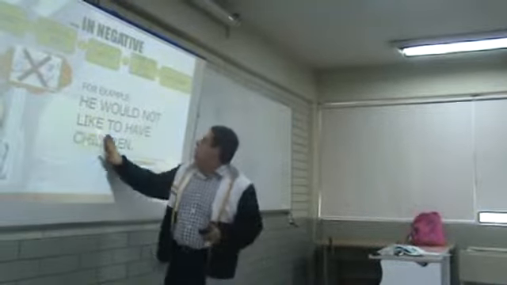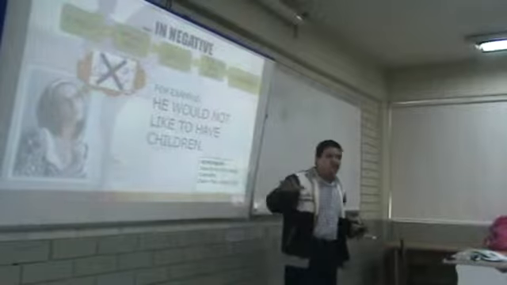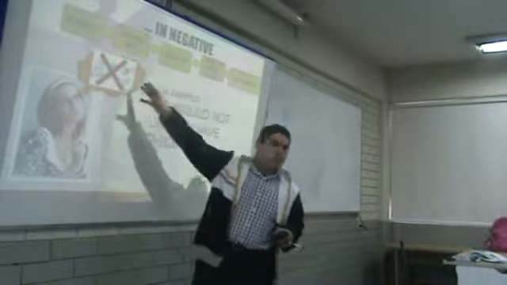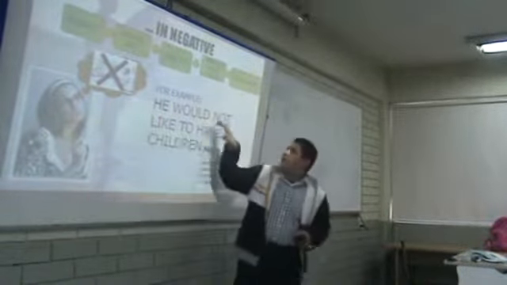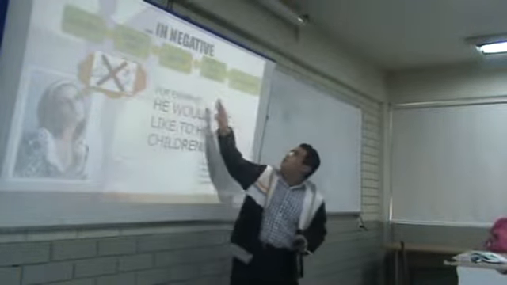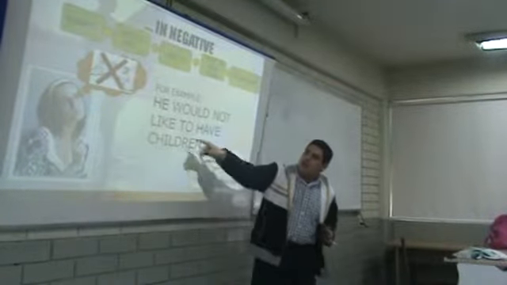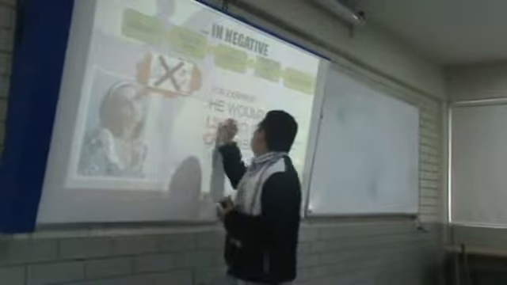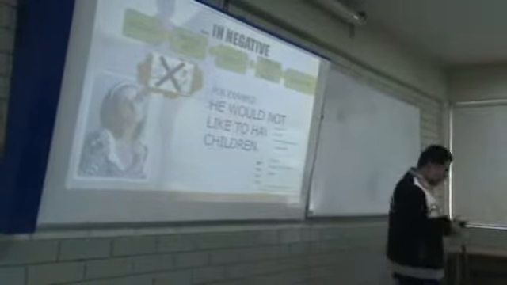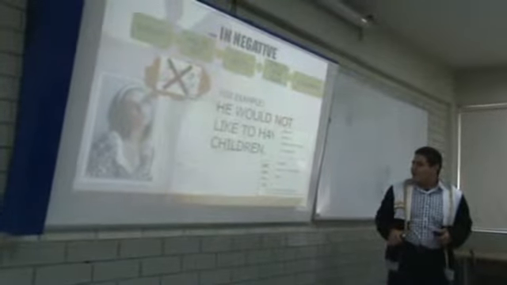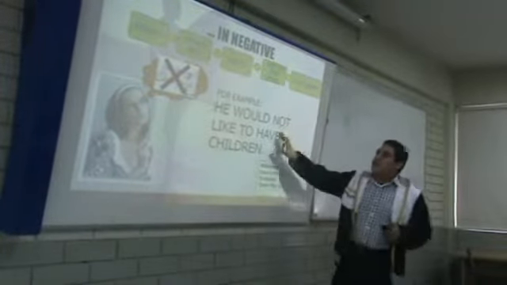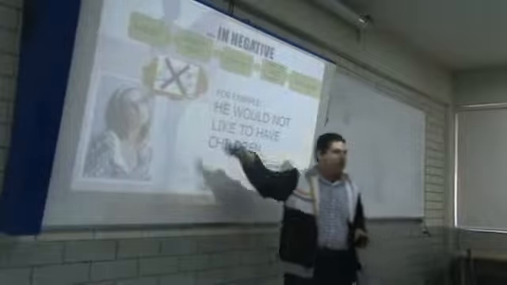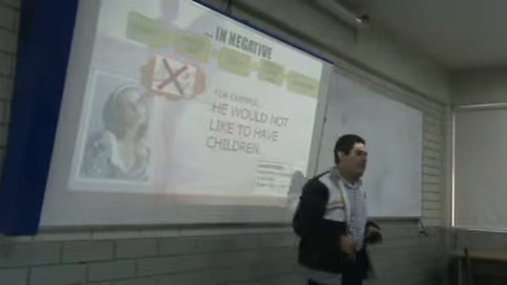In the negative form, it's the same construction: subject, would, but you add the not particle, like to, base form, complement. For example, she would not like to have children because she wants to end her career.